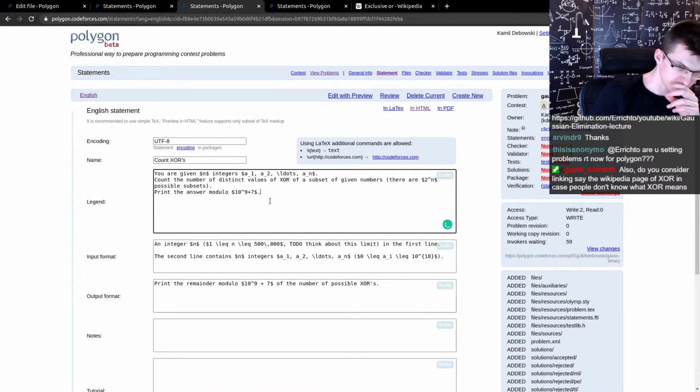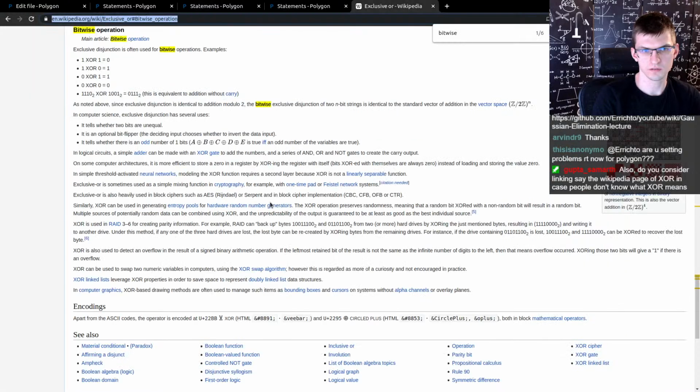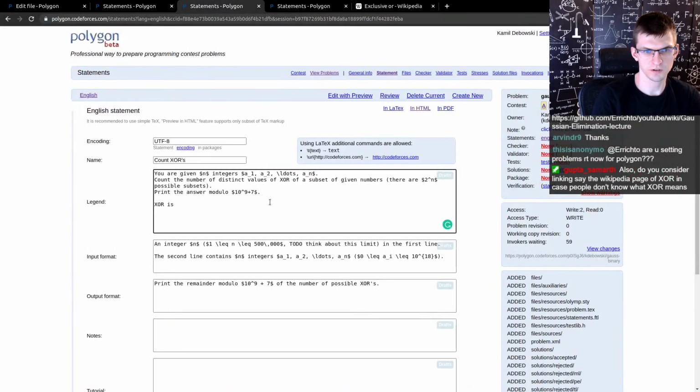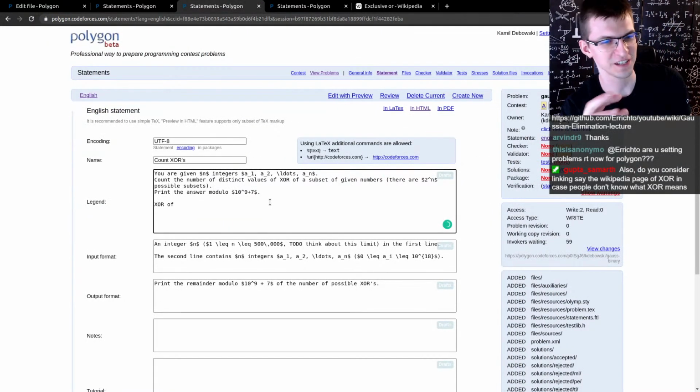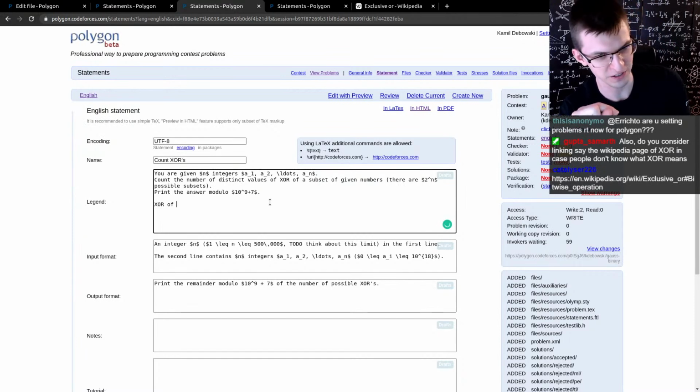Count the number of distinct... XOR is bitwise exclusive OR. But also, if somebody doesn't know what XOR is, they shouldn't try to solve this problem.